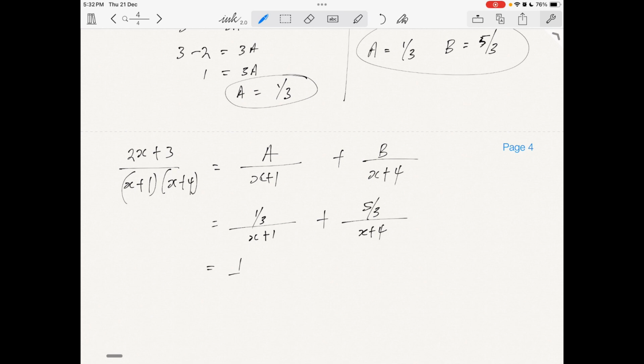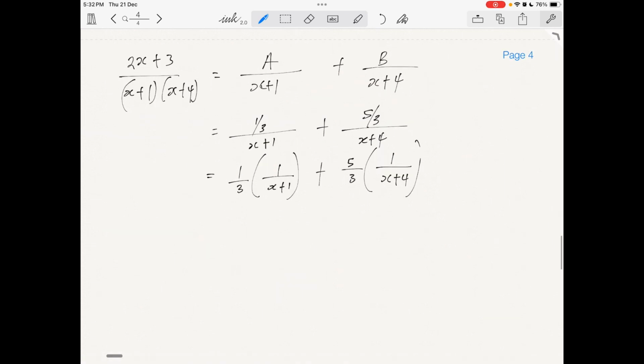Let's drop it down to make more sense like we did before. So 1 over 3 times 1 over x + 1 plus 5 over 3 times 1 over x + 4. Now let's factorize out 1 over 3 like we did before. So that's 1 over 3 times [1 over x + 1 plus 5 over x + 4]. You can see that whatever method we use, we arrive at the same thing.